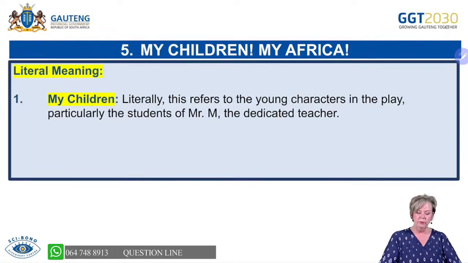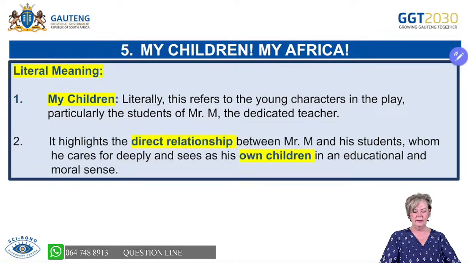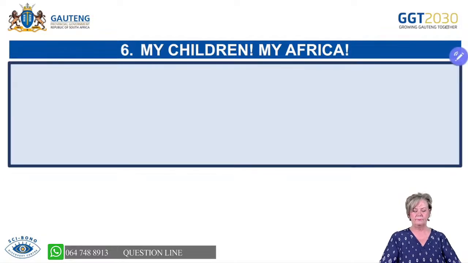Literally, My Children refers to the young characters in the play, particularly the students of Mr. M, the dedicated teacher. It highlights the direct relationship between Mr. M and his students, whom he cares for deeply and sees as his own children in an educational and moral sense.